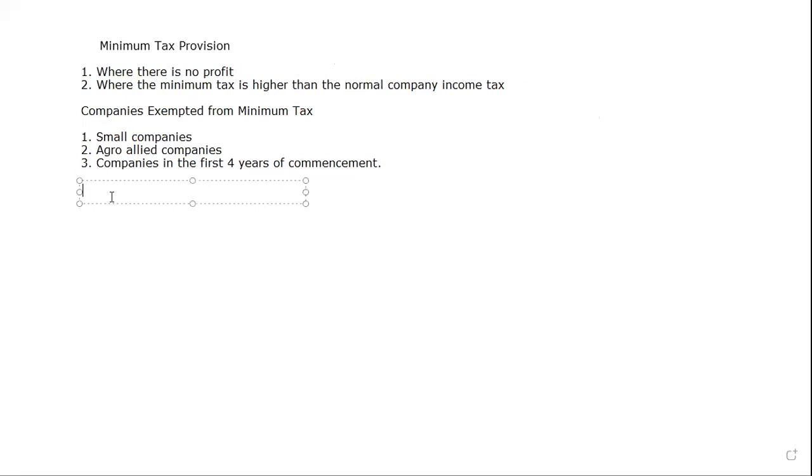How do you compute minimum tax? Minimum tax is computed as 0.5% of gross turnover less franked investment income.